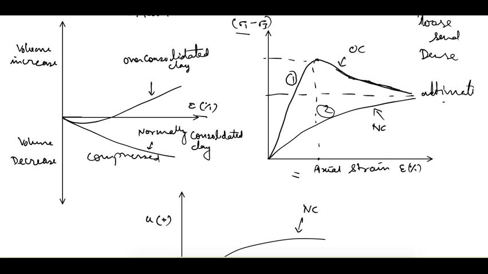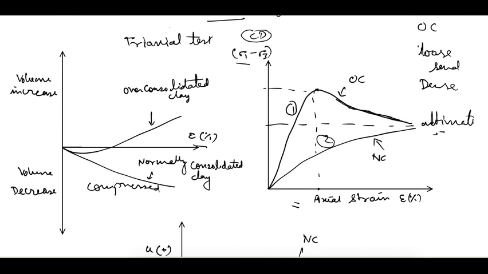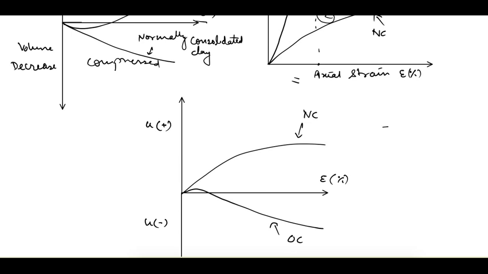This decrease in stress is due to the fact that when the over consolidated soil is stressed up to its maximum limit, after that it dilates, it shows a volume increase. Now the reason for this dilation is given something like this: when this soil is stressed, with time at the shear plane, wherever the shear plane is weakest, some flaky particles will be there, and these flaky particles reorient themselves.